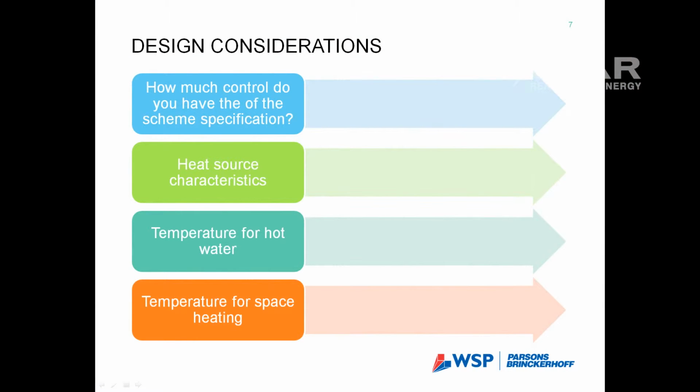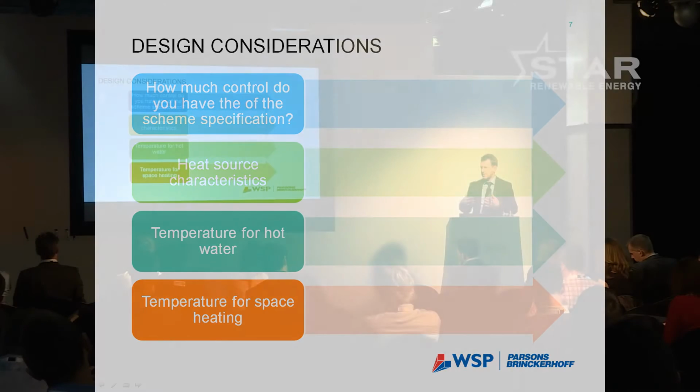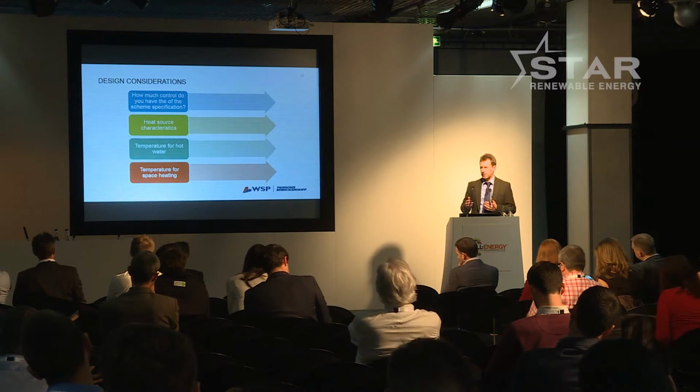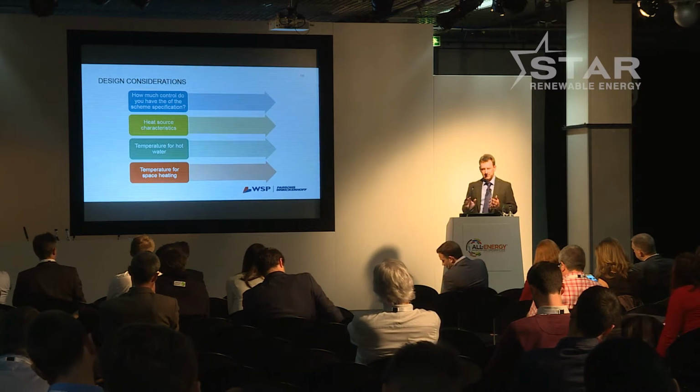So the heat source itself, as I say, we're looking at an air source heat pump because it fits with the other site constraints. The heat source itself has got limitations in terms of the temperature it can deliver. We're not up at the multi-megawatt scale, so we're constrained to working at a flow temperature around 60 to 65 degrees.